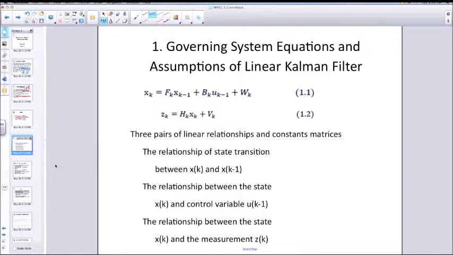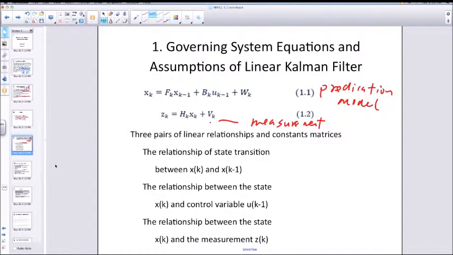Now, let's look at the previous linear filter. In the linear Kalman filter, it's basically governed by this. We call it a prediction model. And this one is the measurement.